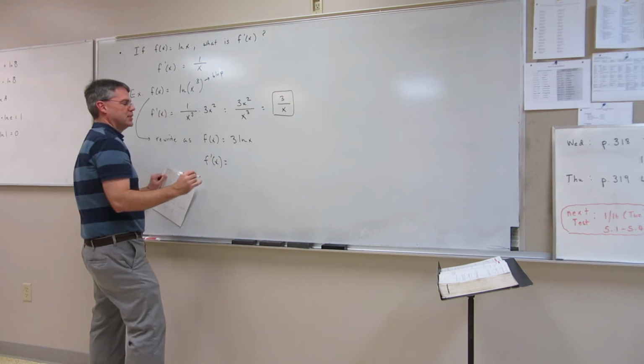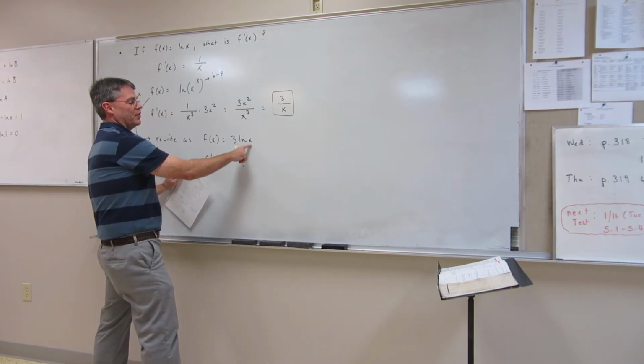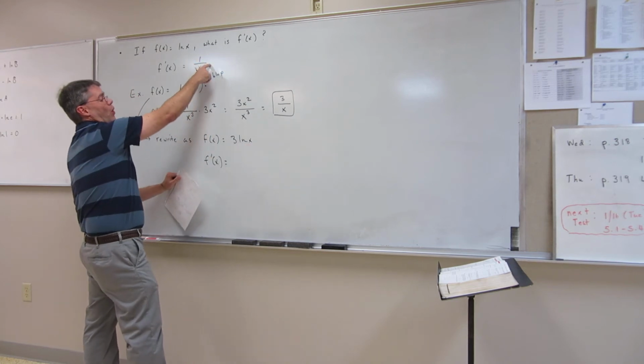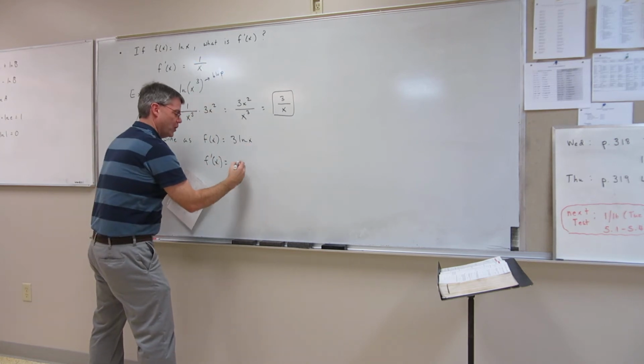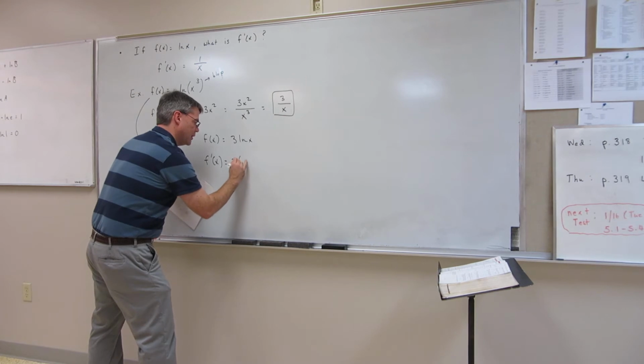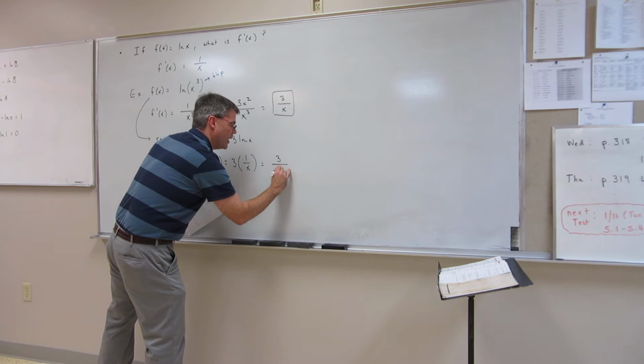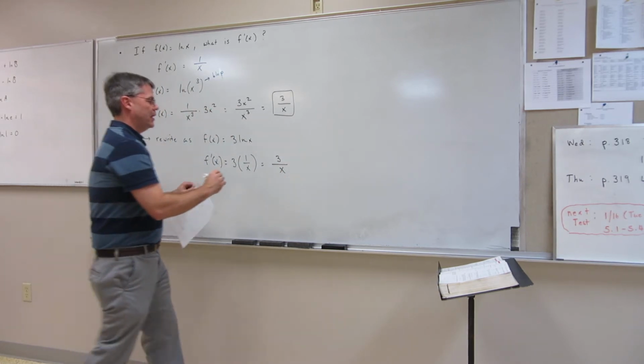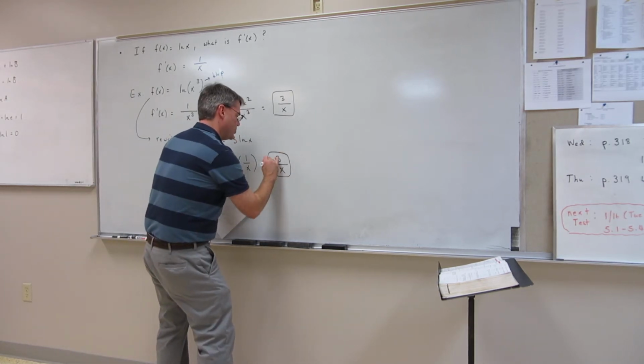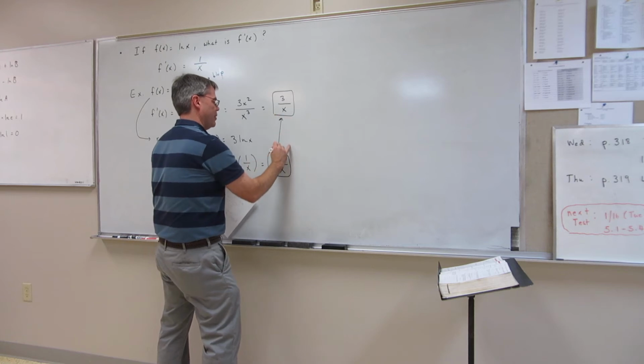F prime of x would be, the derivative of the natural log of x is just 1 over x. So it's 3 times 1 over x, which is equal to 3 over x. So if you rewrite, then you can often skip some steps, but see how these two are the same answer.